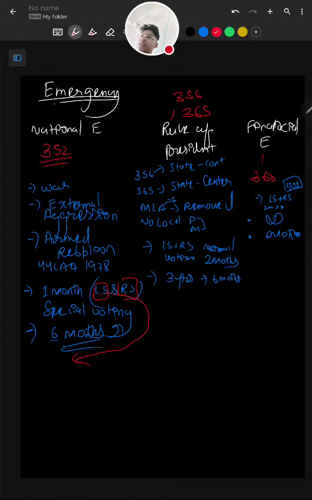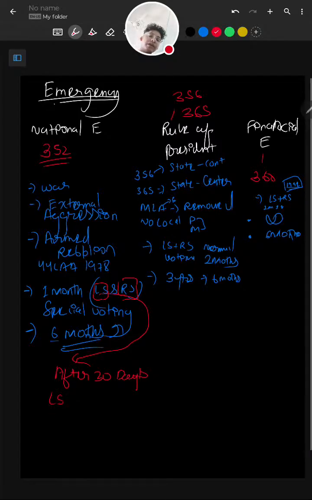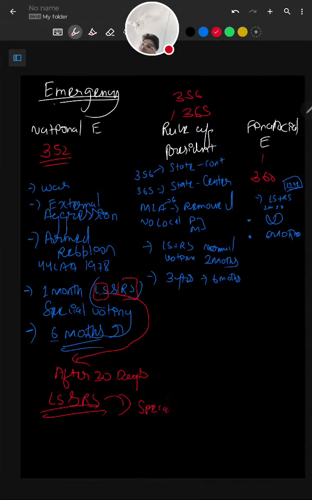Then the case is that if the Lok Sabha is dissolved, after the Lok Sabha is formed, after 30 days, both Lok Sabha and Rajya Sabha have to do another voting, and your special voting again. That's the whole thing.